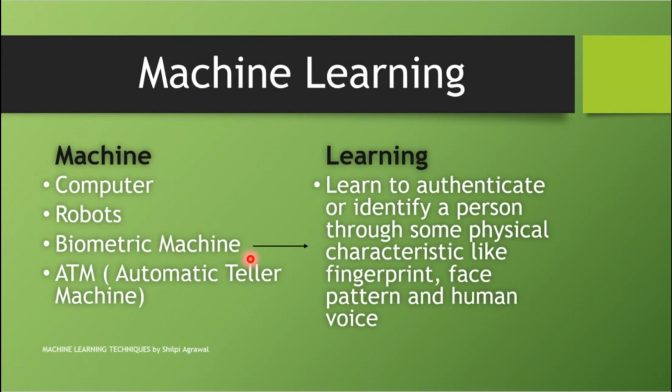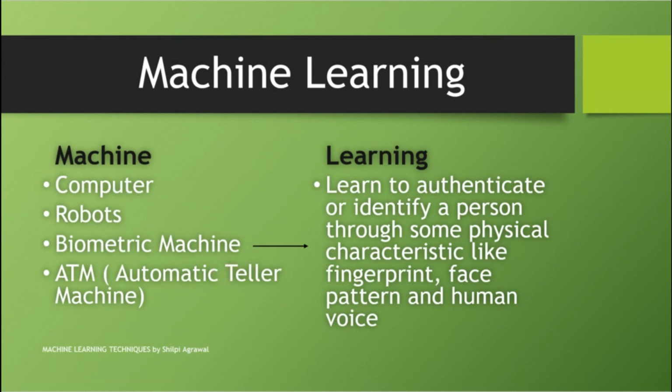It can take your fingerprint, it can record your face expressions, it can record your human voice so that it can mark your attendance or anything else. So, it can be used for some useful purpose.